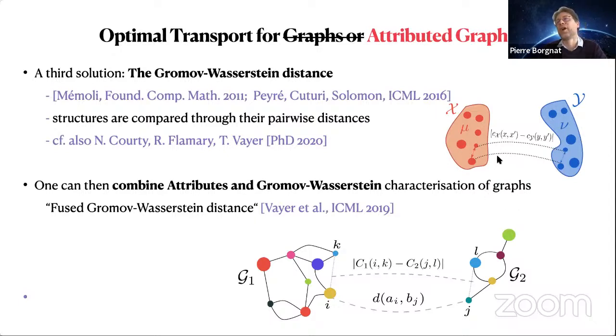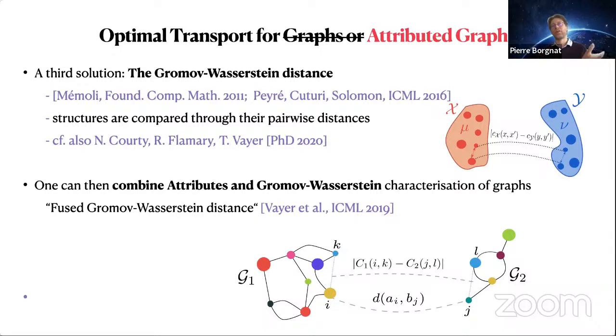And the good thing is that now you don't need to have the same number of elements or the same geometry or topology at all in X and in Y. You can have a set of pairwise distances on one side, another set of pairwise distances on the other side. It's not the same number. And you compare, for all x, x prime in your initial measure and all y, y prime in your target measure, all these pairs of distances.